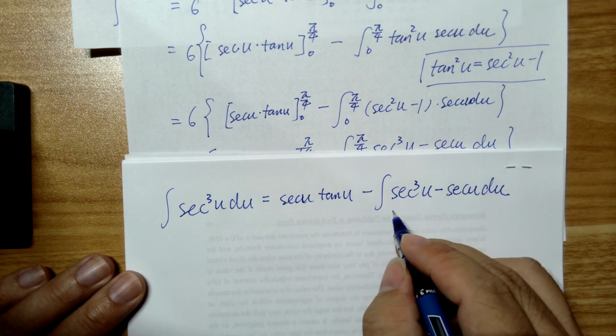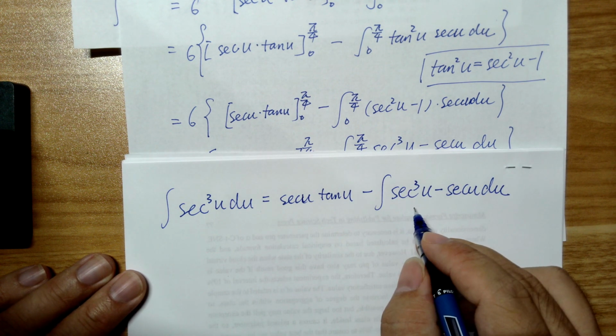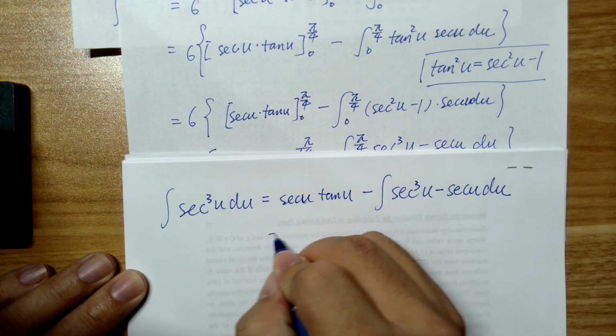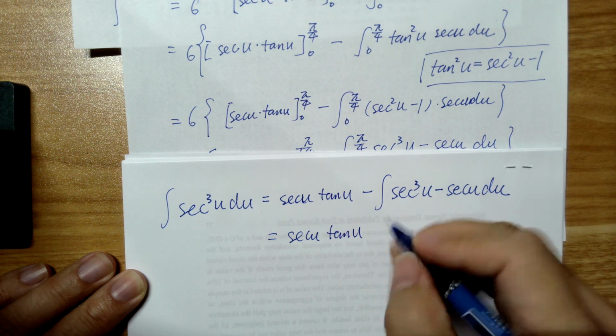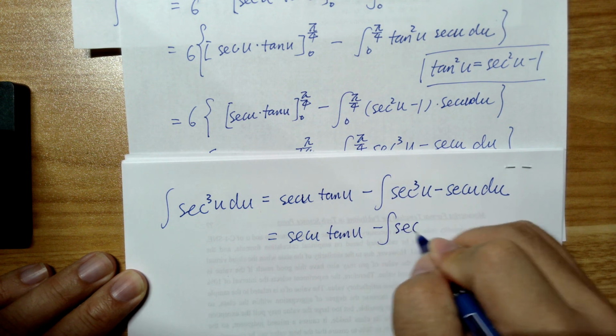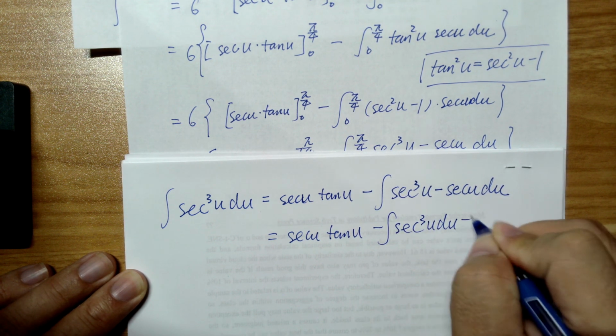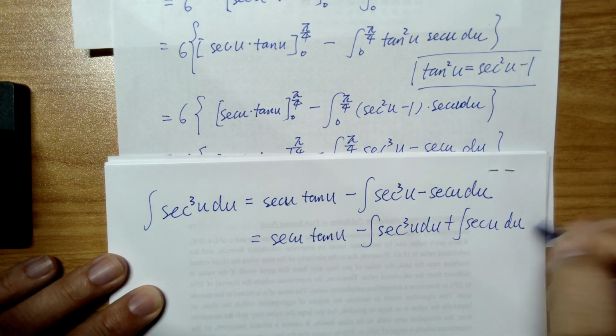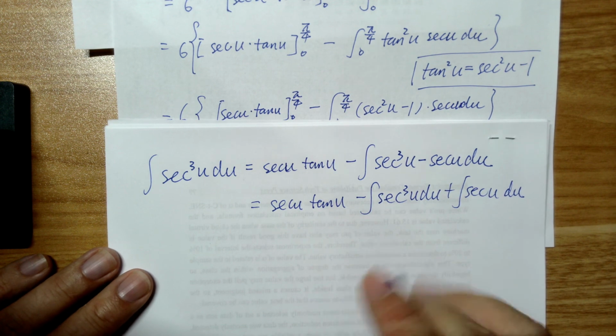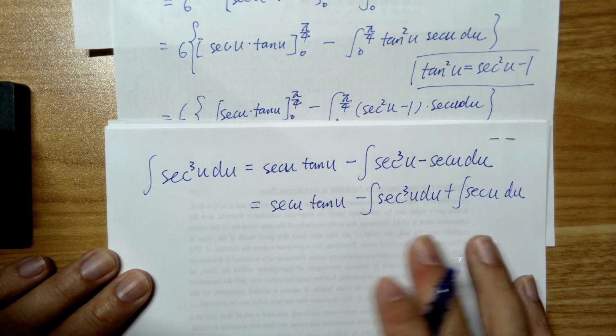So you see we can bring it out into secant u tan u minus the integral of secant cubic u du, and then plus the integral of secant u du. So we actually can solve this expression algebraically.